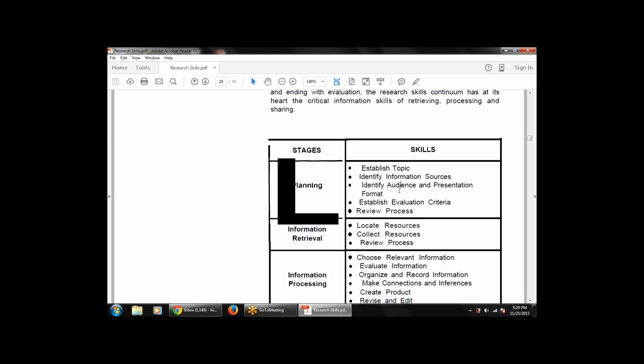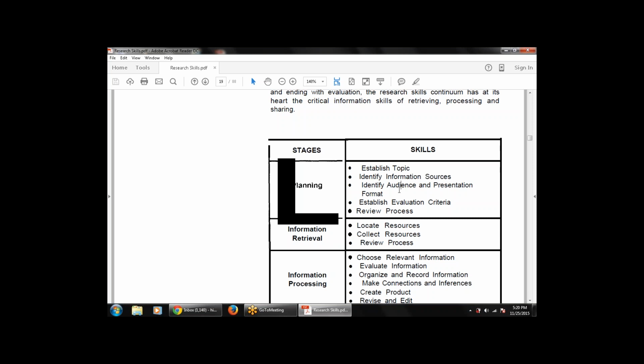The next is identify the audience and the presentation format, that is what the audience is about and what the presentation format is. Then next is establish the evaluation criteria, that is how do we evaluate the content.